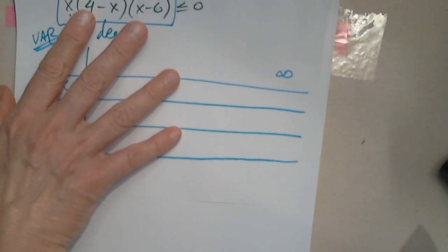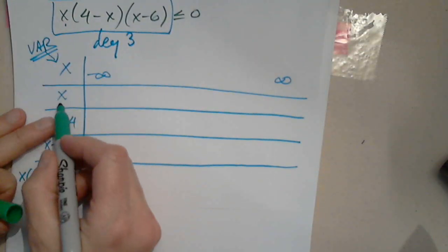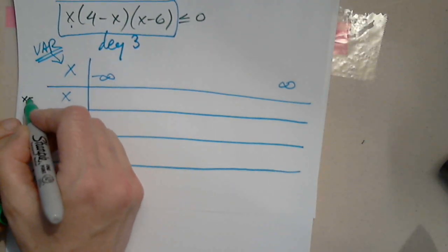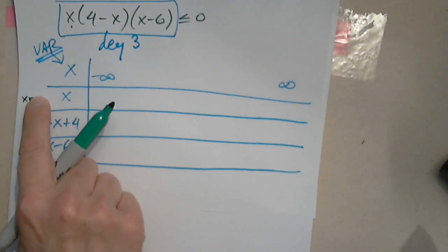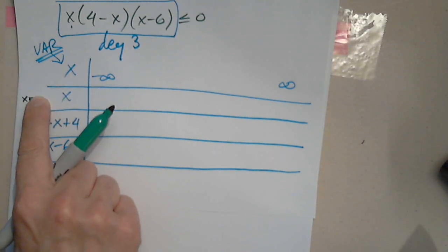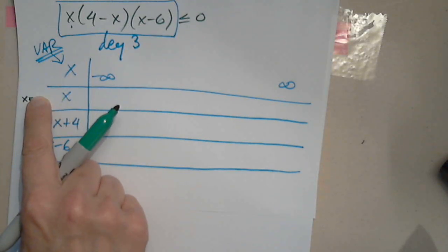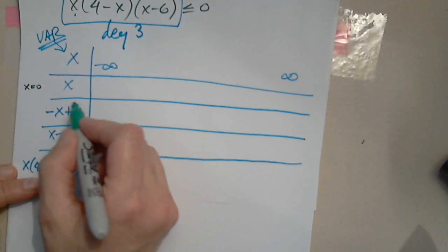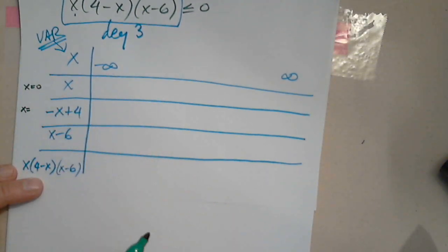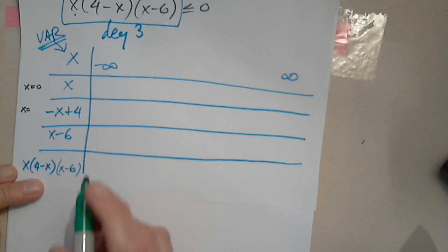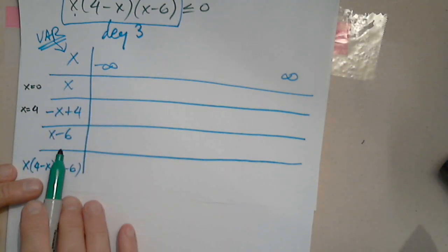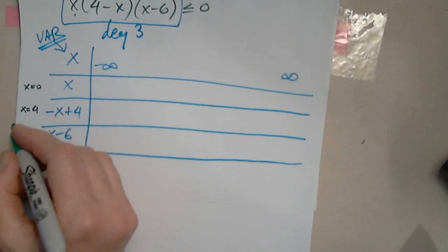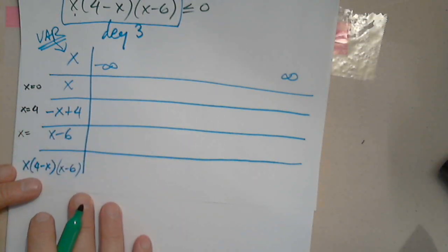Now, I would like to determine when is this expression 0. And I'm going to write the number on the side. When is this expression 0? When x is 0. Very good. When is this expression 0? When x is 4. Very good. Where is this expression 0? When x is 6.